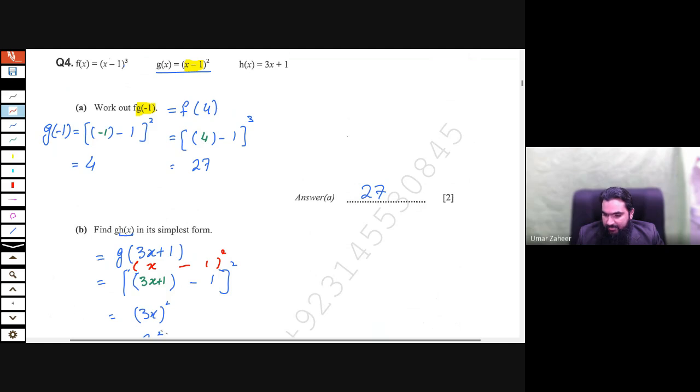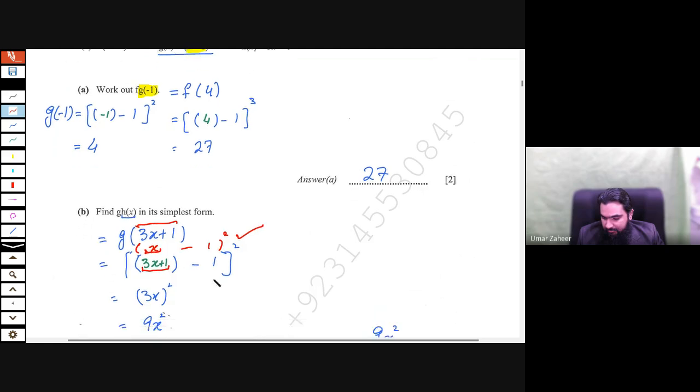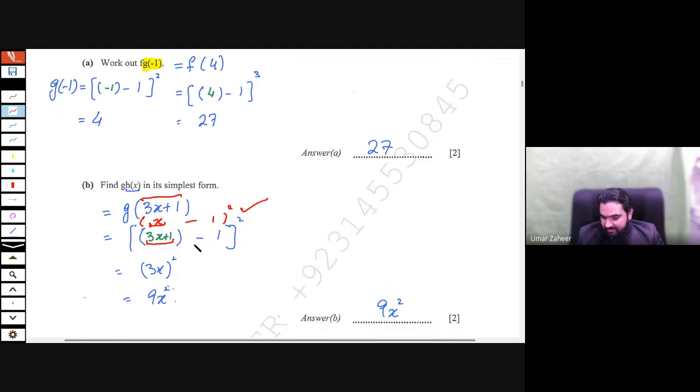We are applying the g function, okay? And the g function is x minus 1 whole square. Is it clear? Yes. And at the place of x, we'll substitute this value. Now plus 1 and minus 1 is cancelled out. You will get 3x whole square. That will be 9x square.